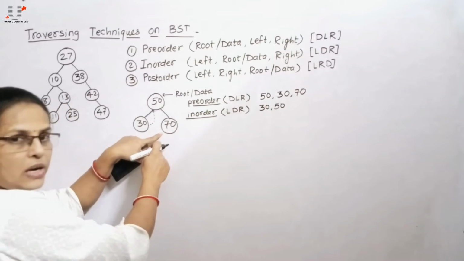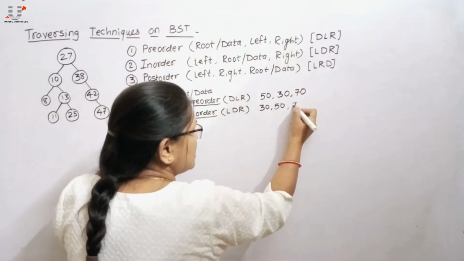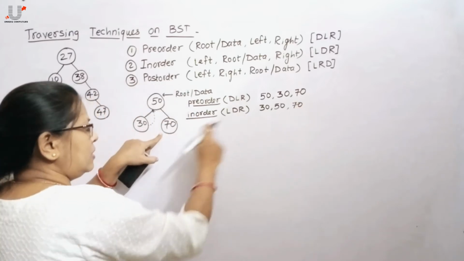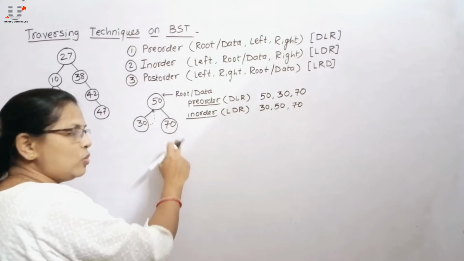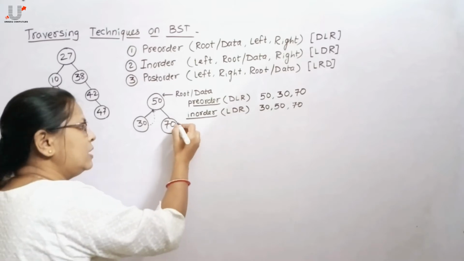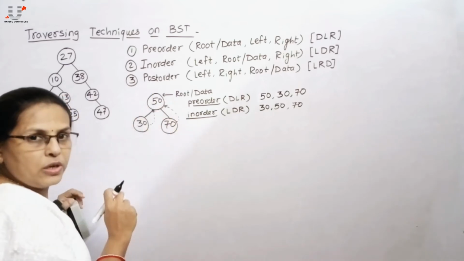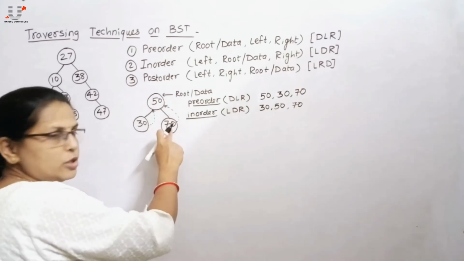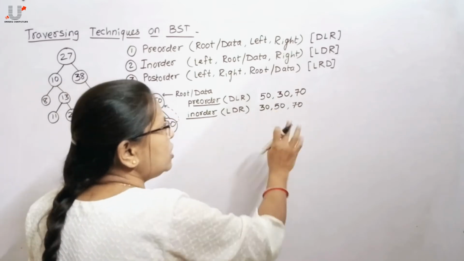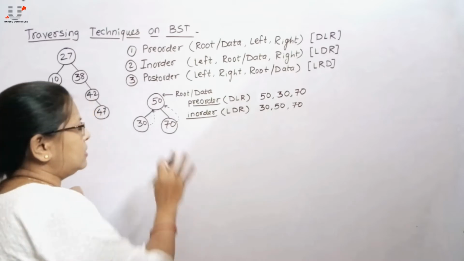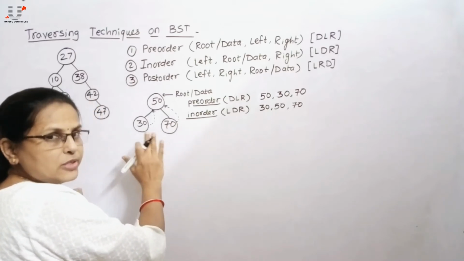As no left child is present for this 70, 70 itself gets processed. Then R child gets applied for this 70. As no right child is present for 70, again backtrack. Control transfers to the location from where it reached 70, that means towards 50, and as all the nodes are displayed, this is the in-order traversing of this simple binary search tree.